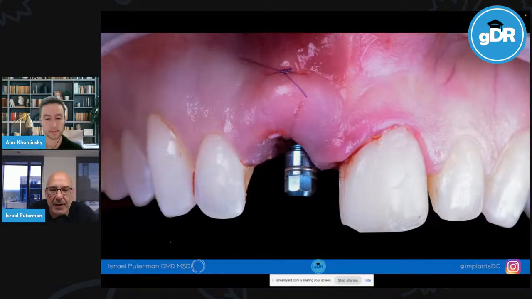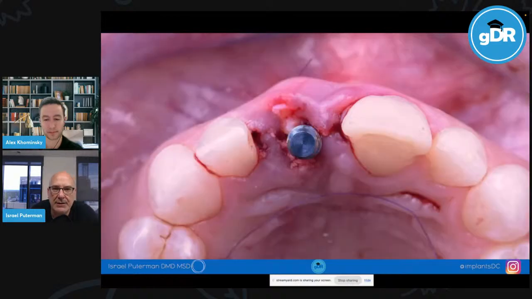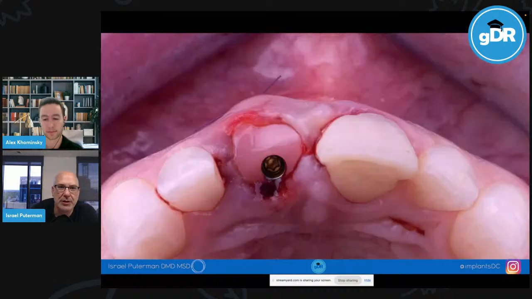Despite having a thick gingival contour, I've learned over the years that there's nothing better than thick aside from thicker. So I will place a connective tissue graft, slide it using a little tunnel technique under the facial tissue. And here you can see all of it in place. Just one little suture to thicken it up.